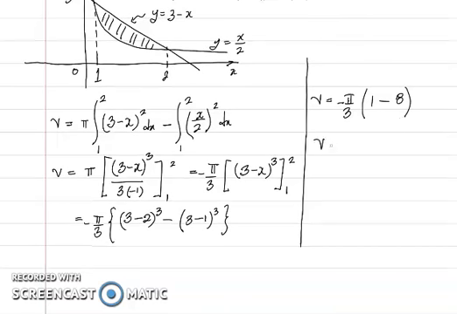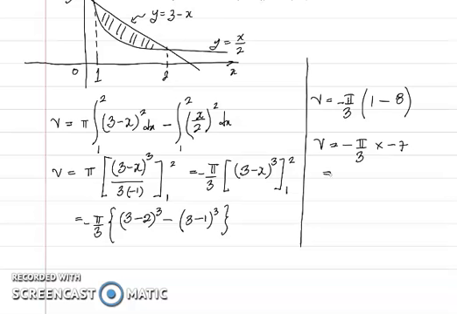So our volume V is equal to minus pi over 3 times minus 7, and a negative times a negative is a positive. So this is a positive 7 over 3 pi cubic units.